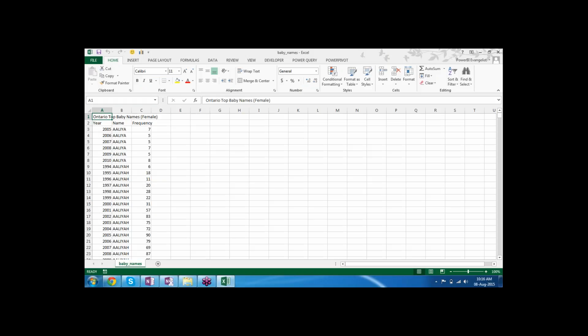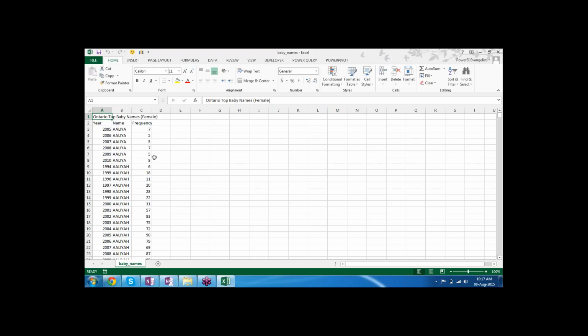First of all, this is a CSV file, which means that it cannot store any graphics, any pivots or charts or other things. Now, what is this all about? You can see there are three columns predominantly: year, name, and frequency.